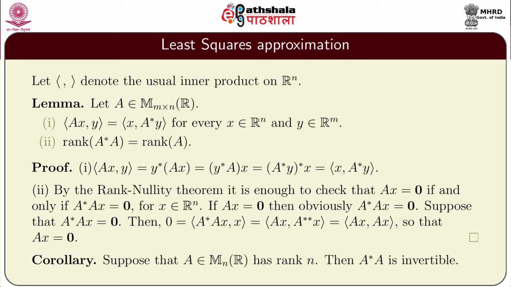Now, suppose that A star Ax is 0, then this inner product A star Ax comma x is 0, but that is inner product Ax comma A double star x, but that is inner product Ax comma Ax. Therefore, Ax is 0. And a corollary is that if A has rank n, then A star A is invertible.